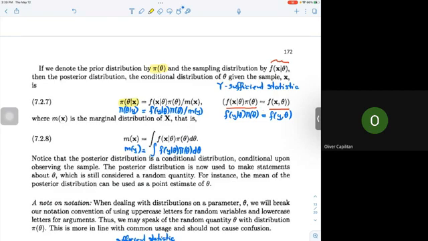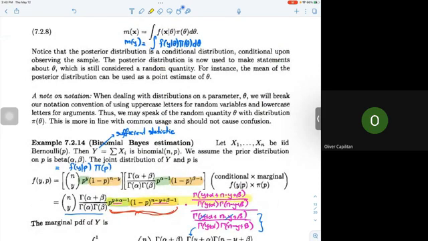That is why we have here the conditional distribution of our parameter given the value of our sufficient statistic, which is small y, and that is equal to the distribution of y times the prior distribution of the parameter divided by the marginal distribution of y. Hindi kasi na-illustrate itong part na to sa example kasi sa example ang ginamit yung sufficient statistic.